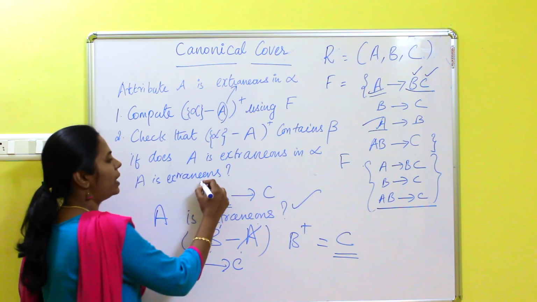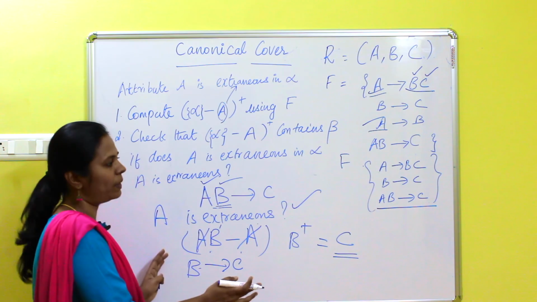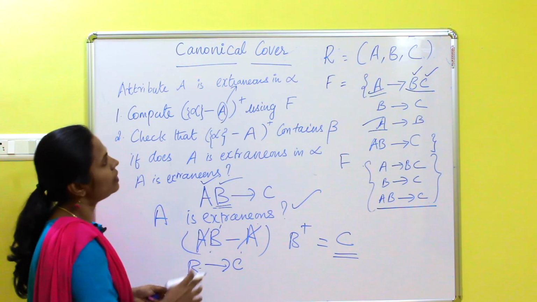It is our decision whether to remove A or B. If you remove either one, the functional dependency is preserved. Next we are going to see about the beta side.